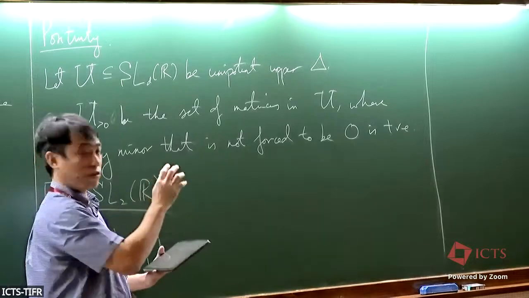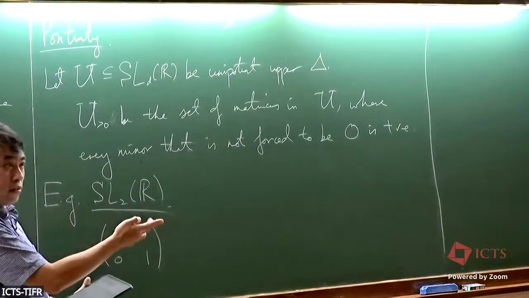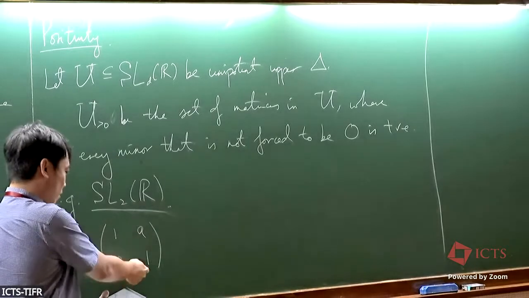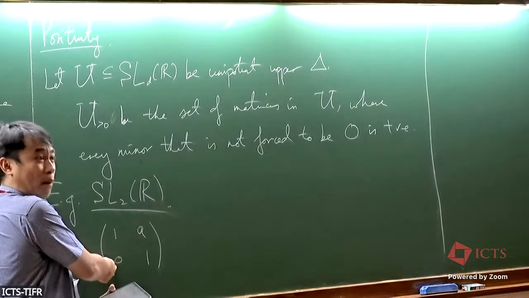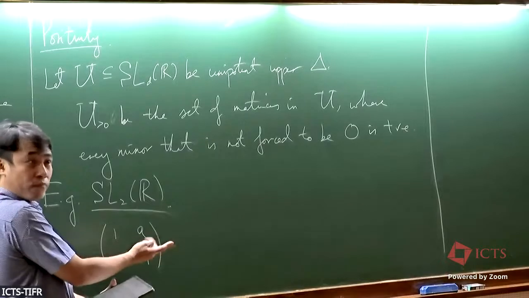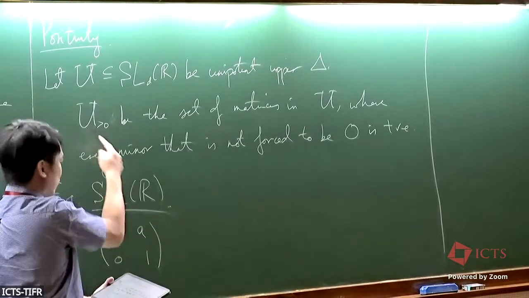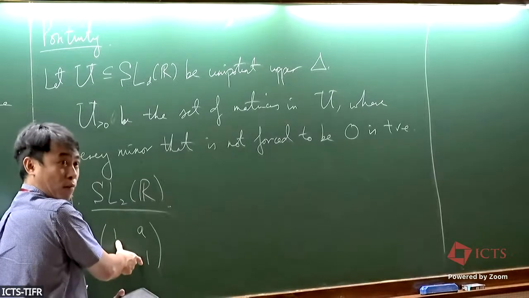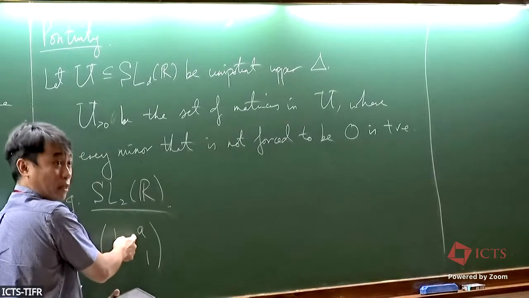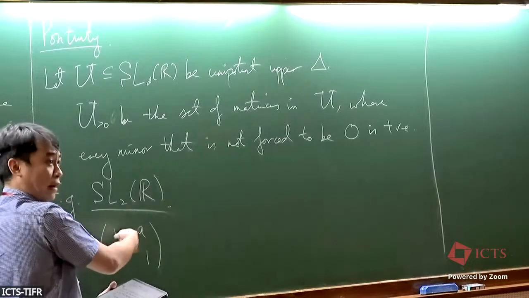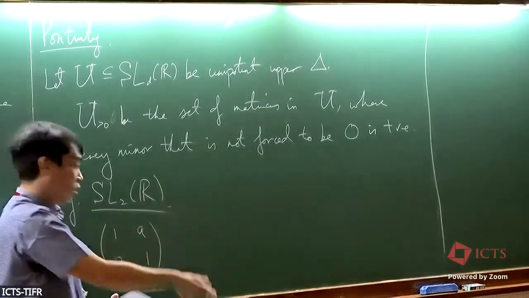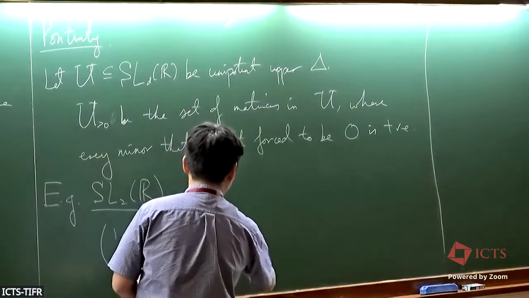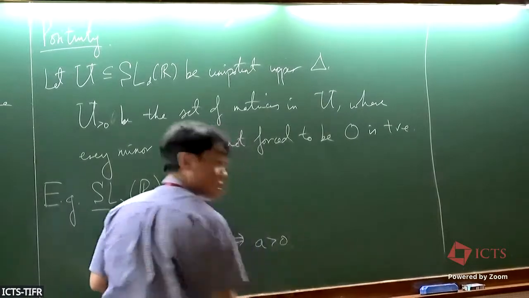So let's check all the minors. First the 1 by 1 minors; there are 4 of them. One is forced to be 0 because the matrix is upper triangular. The other 3 must be positive. Two of them are 1s, which are positive, so the condition is that A is bigger than 0. The 2 by 2 minor is 1, which is also positive. So this matrix is in U greater than 0 if and only if A is positive.